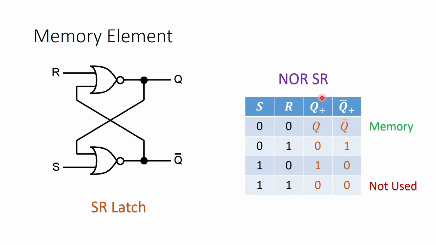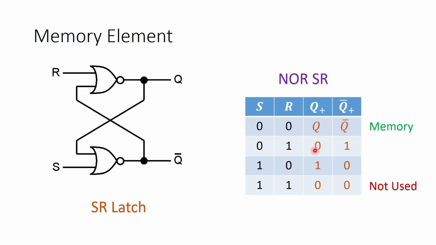That means your Q plus, which is the next instance Q. So Q is getting updated depending on the present Q, right? So the updated Q or the next Q is Q plus, and that is the same as what Q is right now. So this is the memory.